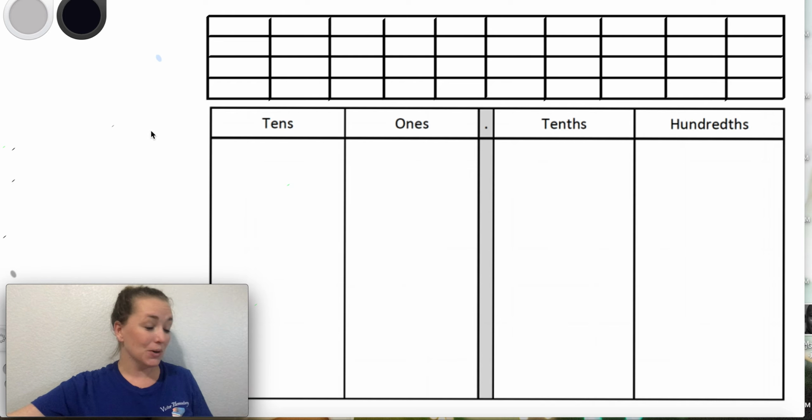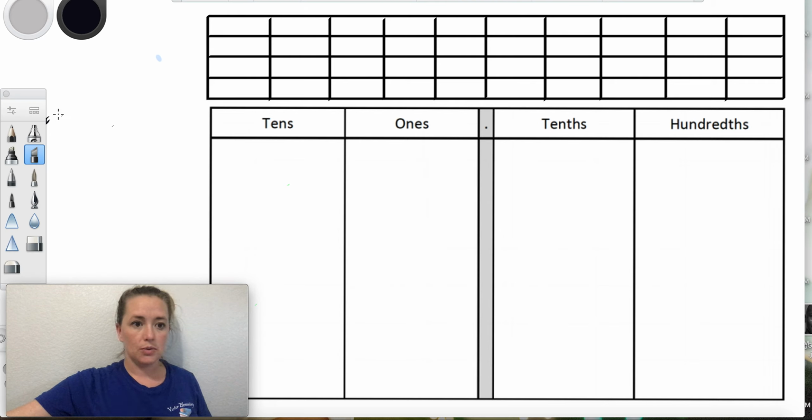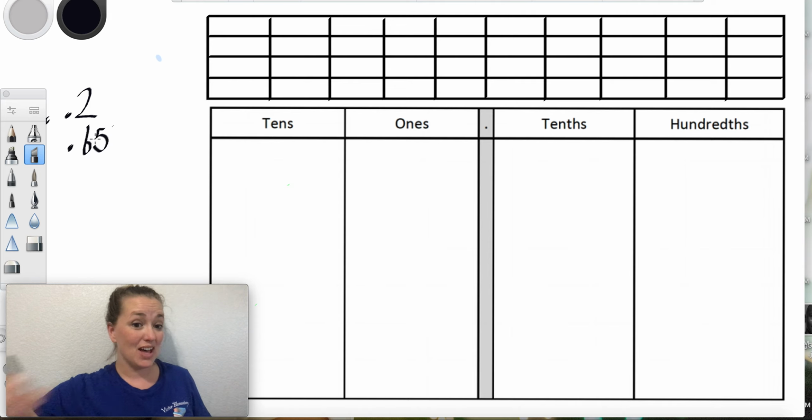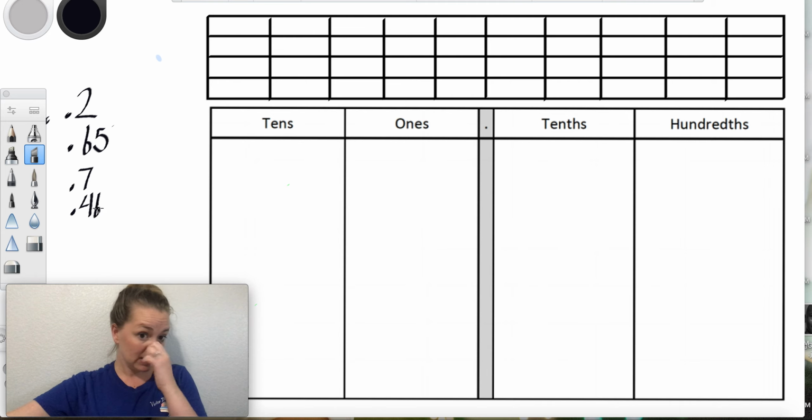So we're going to work with these 4 numbers, just starting off. We'll work with 2/10, 65 hundredths, 7/10, and 46 hundredths.